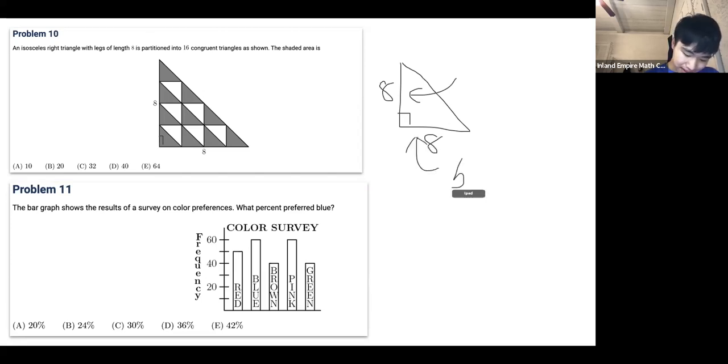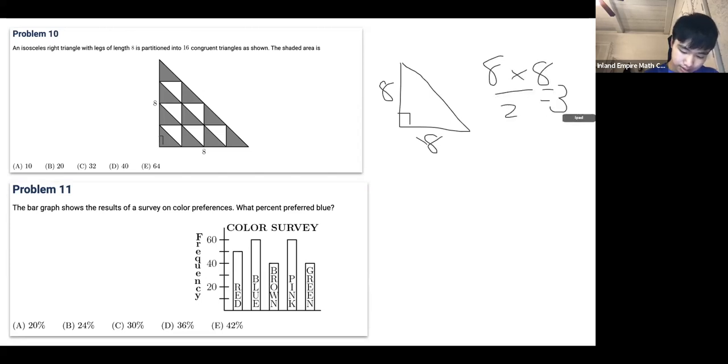Thus we get an area of 8 times 8 over 2, which equals 32.